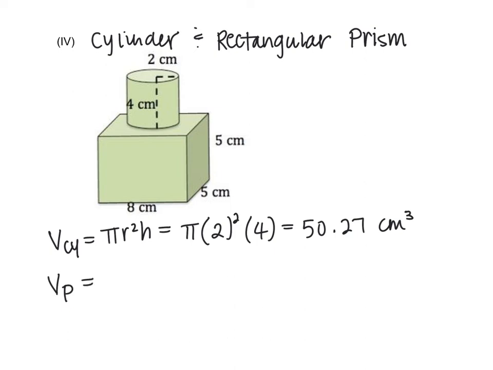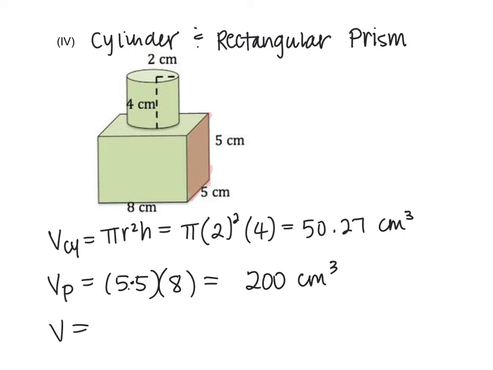Next, I want to find the volume of the prism. So I'm going to choose my base to be the square here. So the volume is the area of the base, so 5 times 5, and then times our height, 8. So 5 times 5 is 25, times 8 is going to give us 200 centimeters cubed.